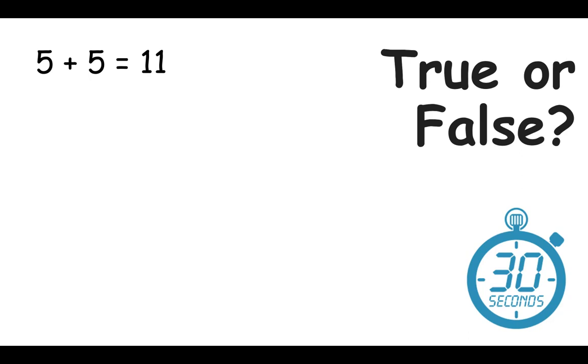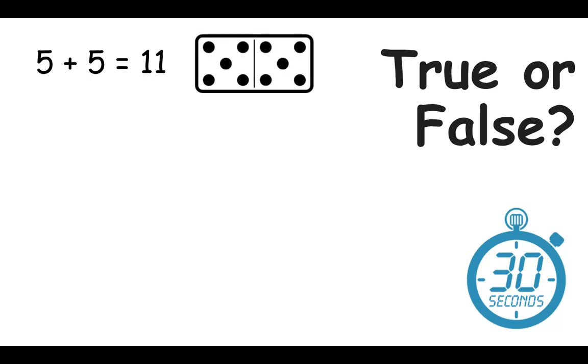Now let's figure out if this is true or false. If we look at this domino, it shows us 5 dots on both sides. Let's count to see how many we have in total. We have 1, 2, 3, 4, 5, 6, 7, 8, 9, 10. So we can say that 5 plus 5 equals 10, and it does not equal 11. So this one is false.